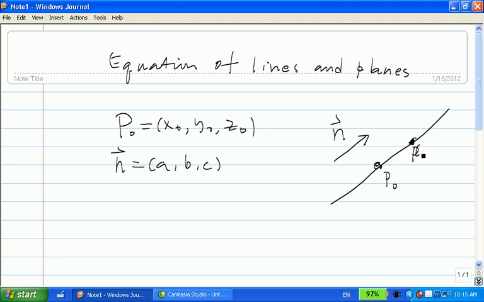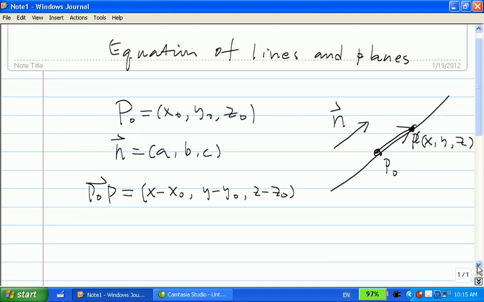Now we want to describe any point uniquely determined by these two conditions. We'll pick any point, say P, with coordinates x, y, z. This point is on this line, so it must satisfy some equation. That's what we're looking for. If this point is on the line, then we can make a vector from P0 to P. We know how to find a vector between two points: using the endpoint coordinates, subtract the starting point coordinates.